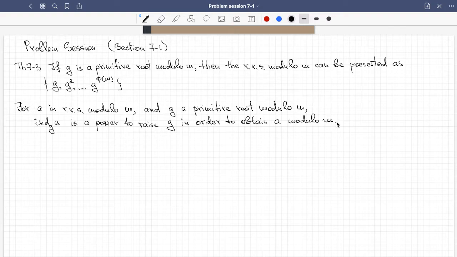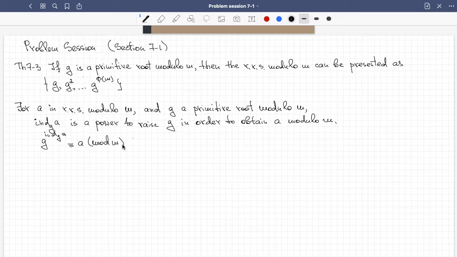So that means that g raised to the power index g a is congruent to a modulo m.